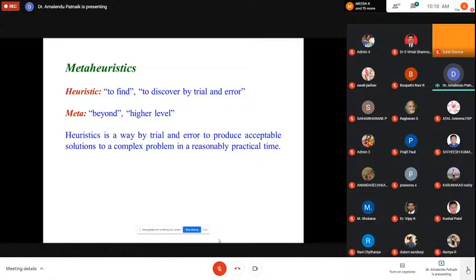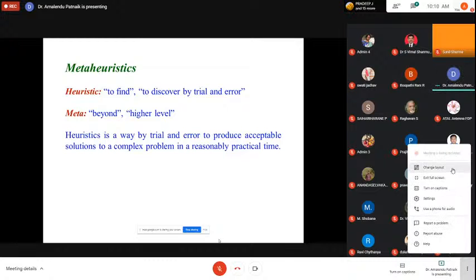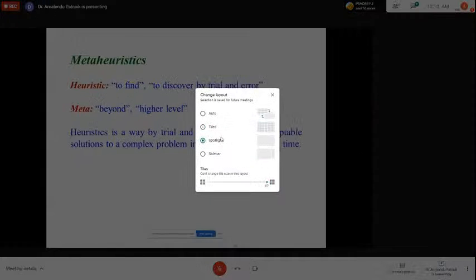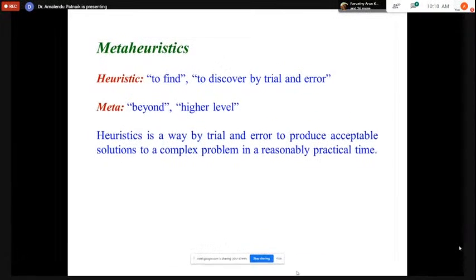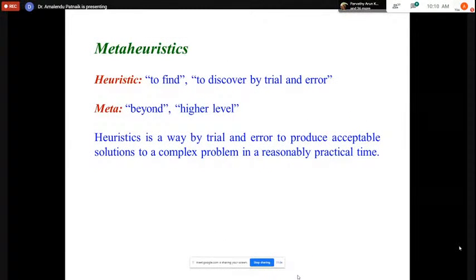Why complex problem? Because if you see the antenna engineering problems, there are cases where closed form formulas are available. So you put the value of the parameters, you will get the answer.